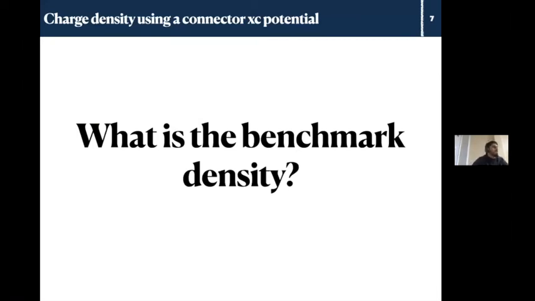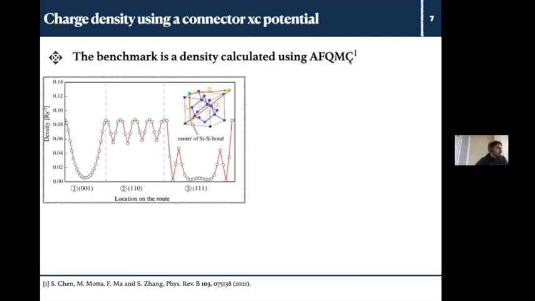The benchmark is the density calculated using auxiliary field Quantum Monte Carlo by our collaborators, Shiwei Zhang and Garnet Chan, and their collaborators. And in this reference, they show the density of silicon along a triangular route that starts from the center of a silicon bond, then goes through the 001 direction to the other one. Then we go through the 110 direction to this bond, and then we come back to the initial bond.